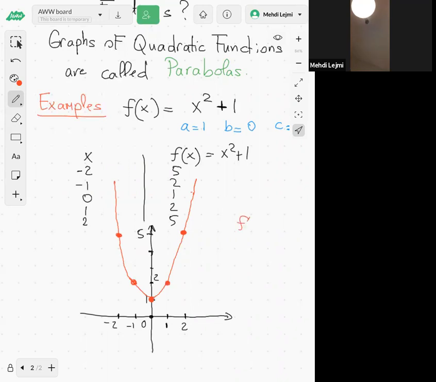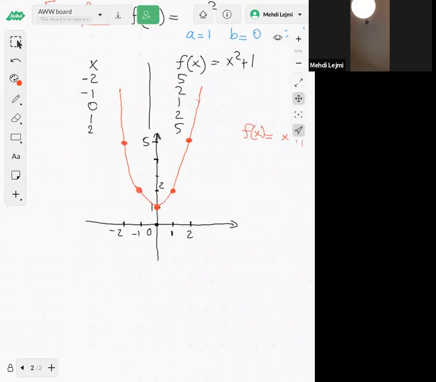So this is my f of x equal to x squared plus 1. As Joel said, the shape of the graph is a parabola. That's what I call a parabola. It's sort of like a capital U, right? And as Joel said, it opens up. This is really important.